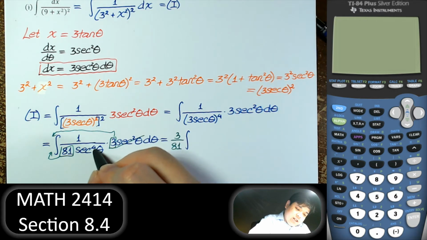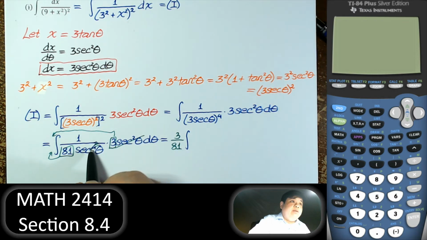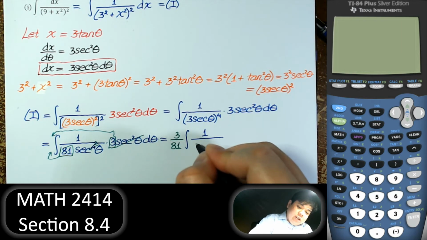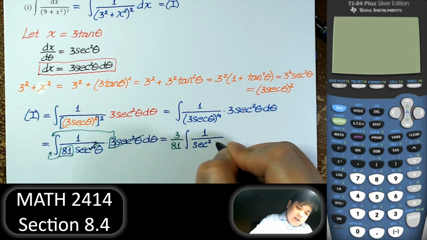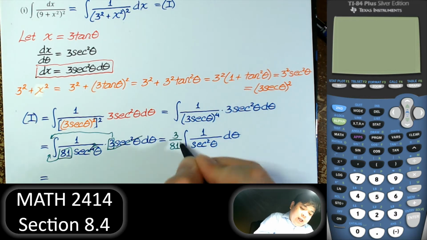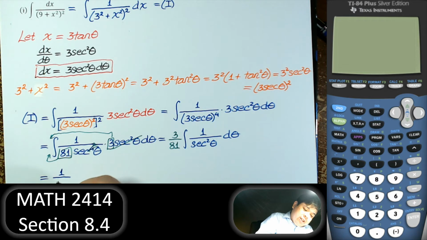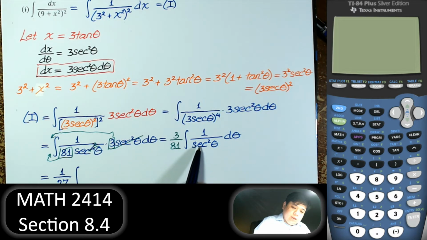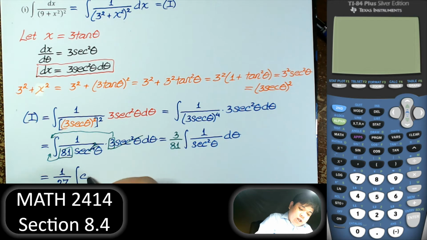Can cancel that. There are 4 of them, cancel 2. We still have 2 of them left. So we have 1 over secant squared. Now 1 over secant is cosine, so this is going to be cosine squared. 3 over 81 is 1 over 27. And 1 over secant squared is cosine squared.